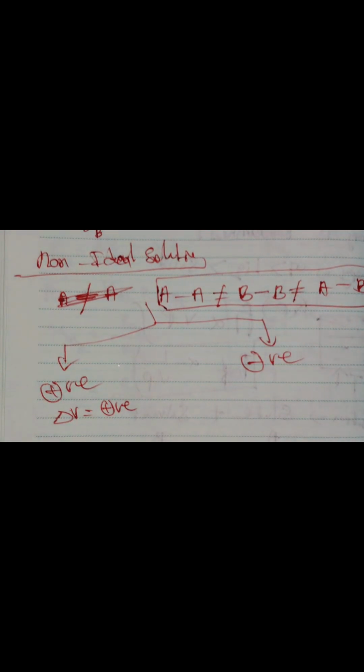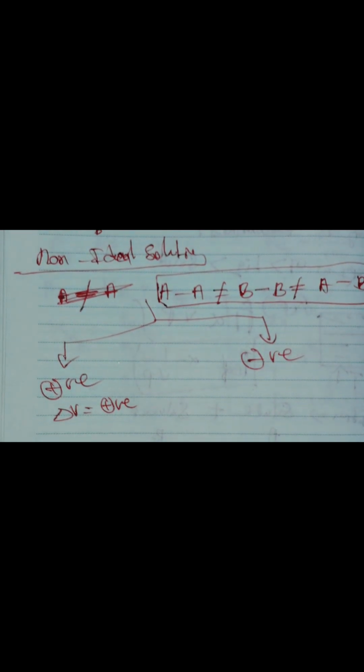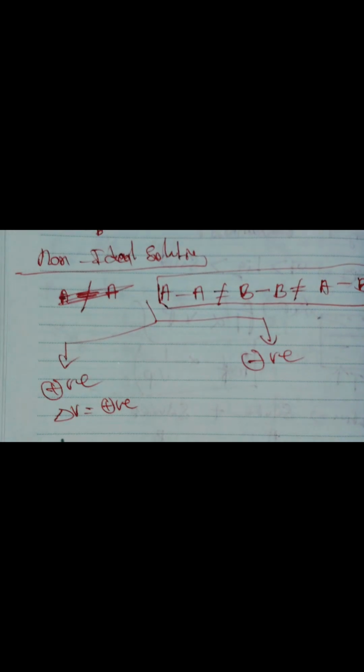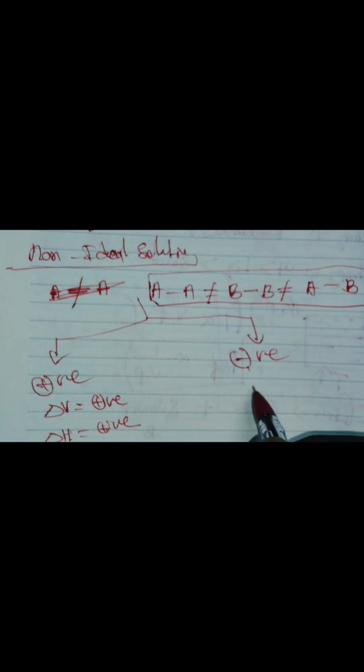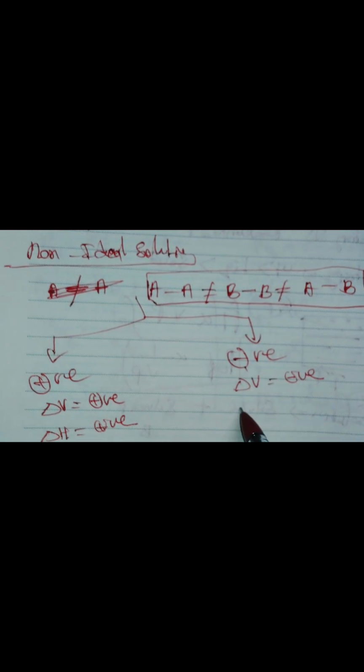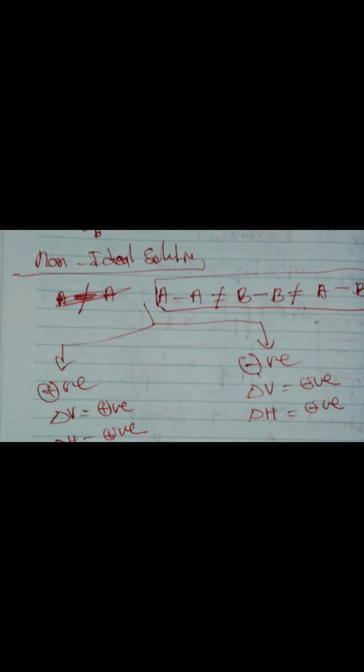The system gains heat energy from the surroundings, which is endothermic, so delta H is positive. Similarly, in negative deviation, the change in volume is negative and the change in enthalpy is negative. Negative enthalpy change means an exothermic reaction, in which heat energy is lost from the system to the surroundings.